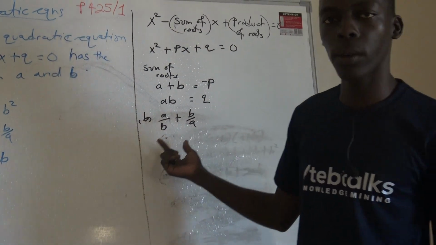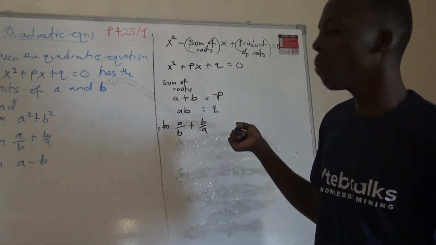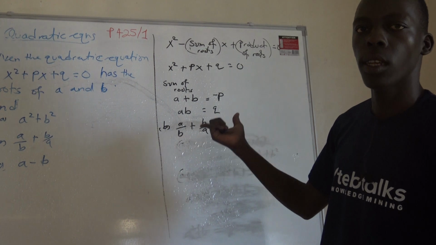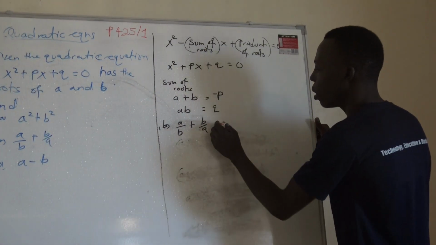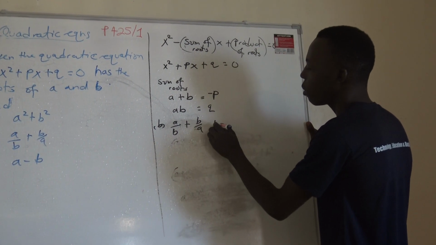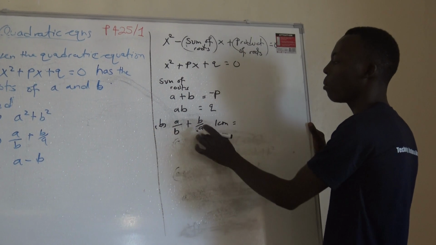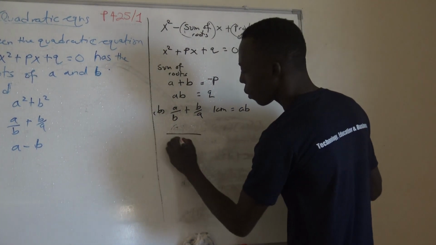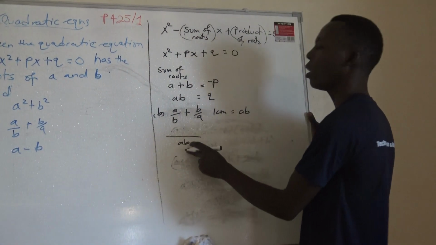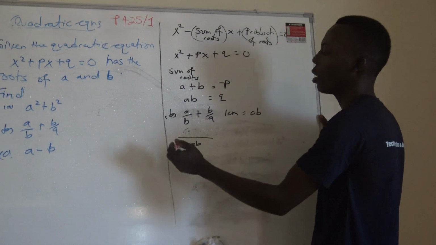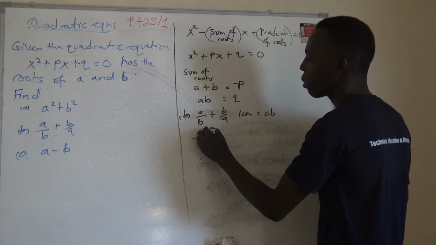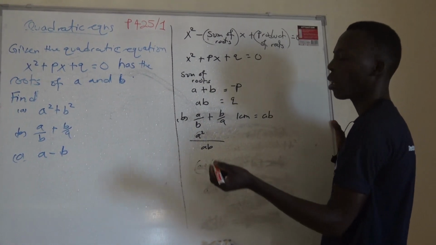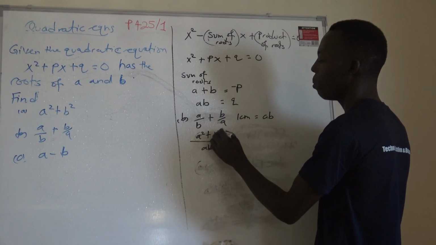When given a question like this, since they are fractions, you have to get the LCM. For this case, the LCM will be this times this, which becomes ab. So ab divided by b gives a, times this becomes a squared. This one, ab divided by this gives b, times a, which is plus ab squared.